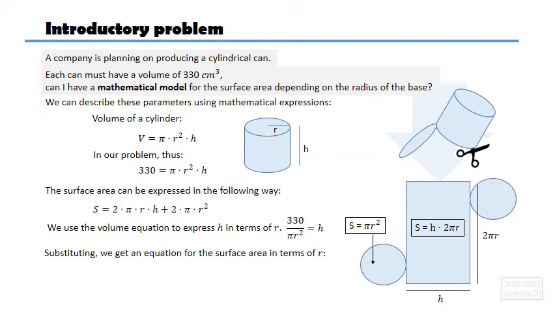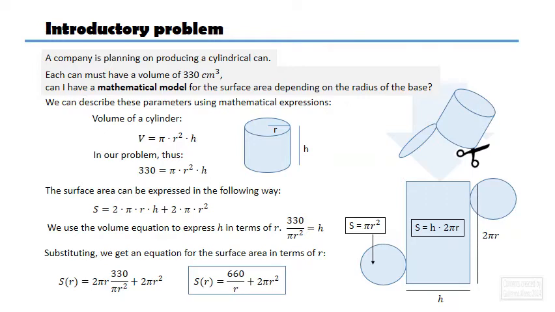Now, we substitute this in the equation wherever I have the h, and I can clear this expression out, and this is what I end up with. Now, this thing here, and this is important, is a mathematical model for the surface area depending on the radius of the base. So you tell me the radius and I give you the surface area for a can that has a volume of 330.